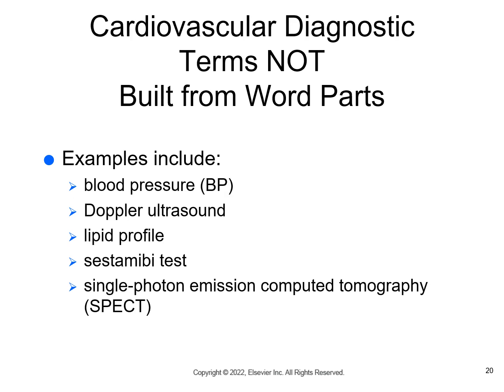Cardiovascular diagnostic terms not built from word parts include blood pressure, which is measured through a blood pressure cuff called a sphygmomanometer on the arm. Blood pressure is measured as two numbers, like 120/80, with the top number being the systolic blood pressure, which is the pressure in the cardiovascular system when the heart is fully contracted.